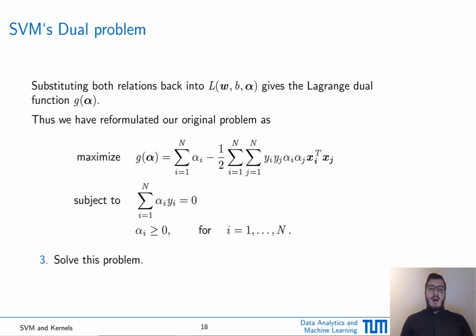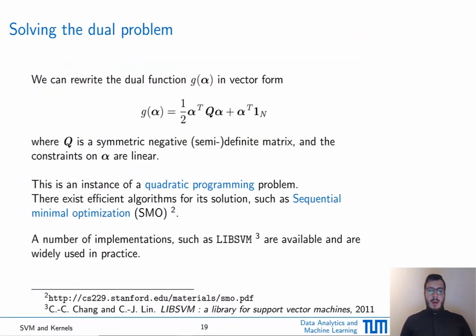In general, we can rewrite these kinds of optimization problems in vector form, and specify a matrix Q, which depends on the xi and yi from our data set.